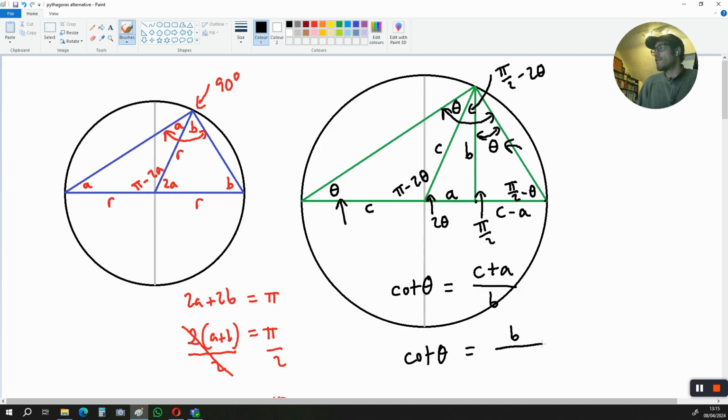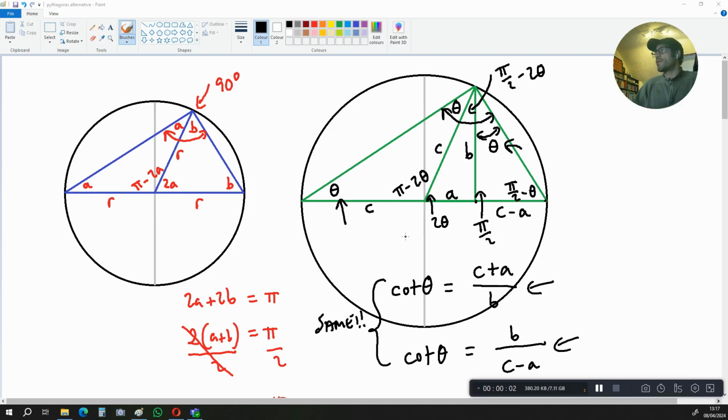Now this will give us B over C minus A, and these two cot thetas are exactly the same. So what we're going to do is make this equal to this, and we're going to derive a squared plus b squared is equal to c squared to complete our proof. So what do we have here?